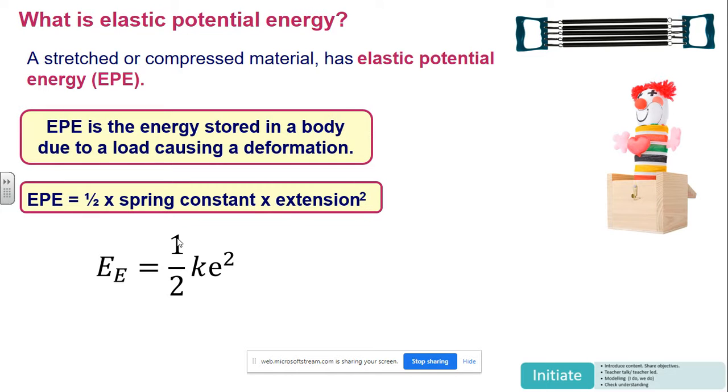And the word formula is there. Note, EPE, elastic potential energy, is the energy stored in a body due to a load, that's a weight or a force acting on it, causing a deformation. That means a change in shape. So these are the key definitions.